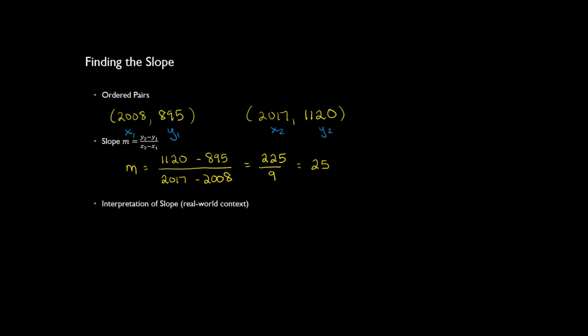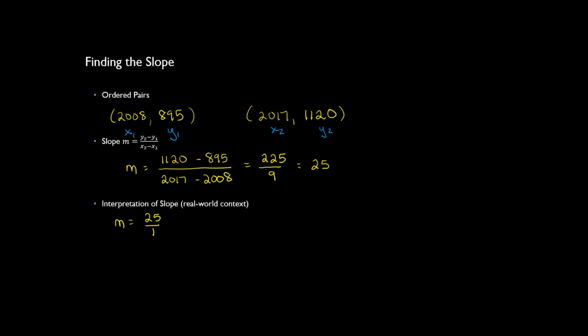So this is not required for every problem that you do with slope, but it's good to understand what slope means in a real world context, and we call this interpreting slope. So our slope is 25, and when we interpret slope, we write it as a fraction, so 25 over 1. So whole numbers are written over 1. And let's take a look at what the units are.